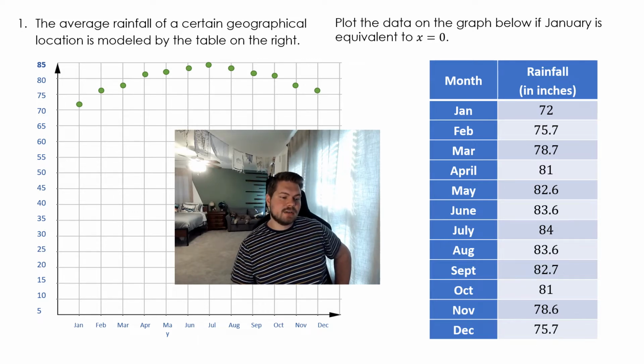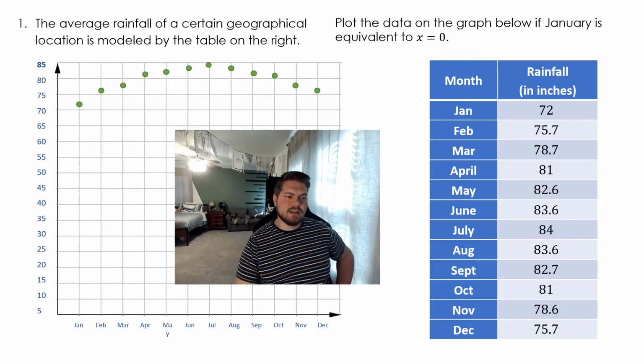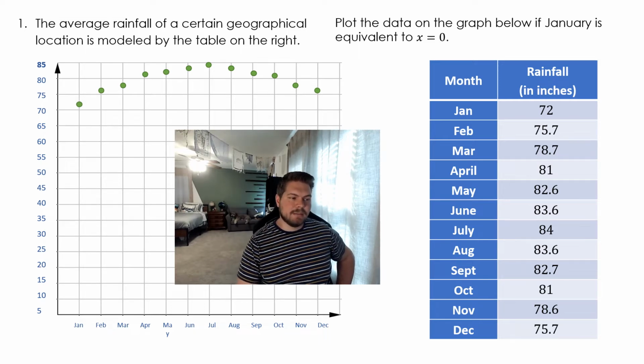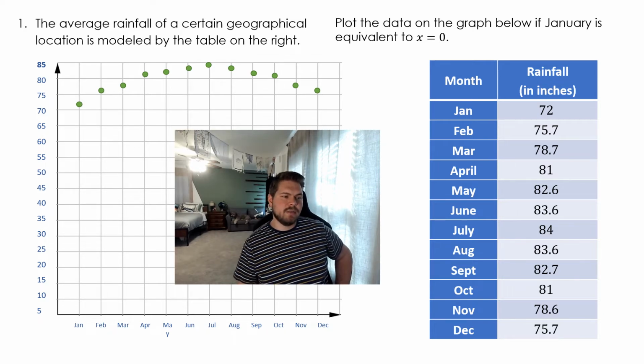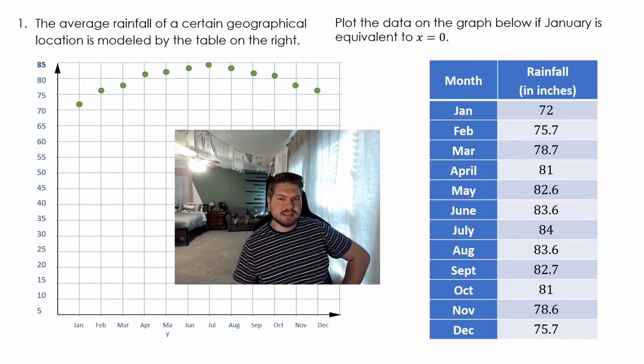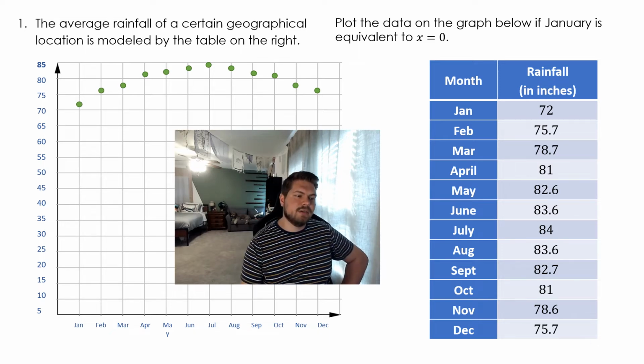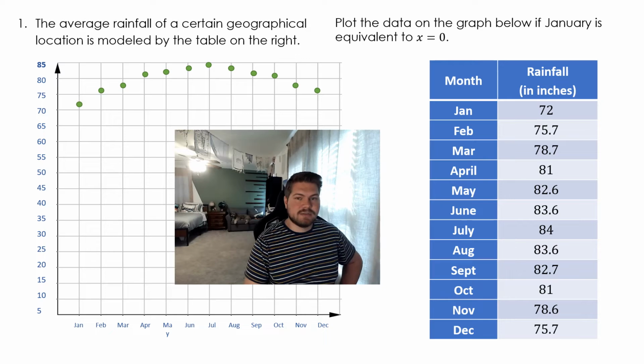So the next question we're going to look at has to do with the amount of rainfall. So think about this, looking at this graph before I switch to the next one. It's a lot of rain, at least 70 inches. That's quite a few, that's over 6 feet.